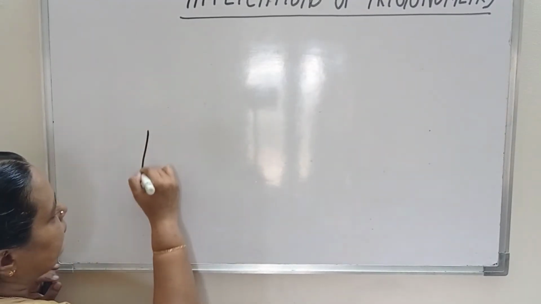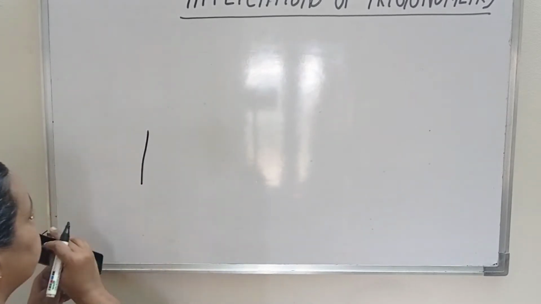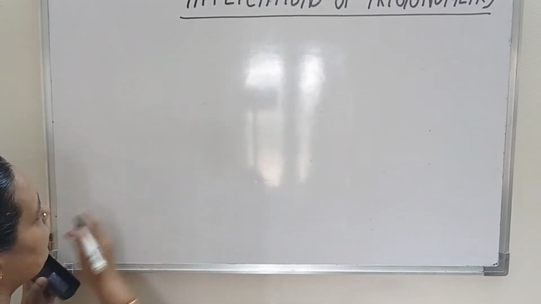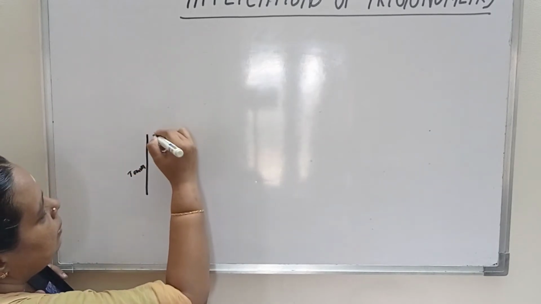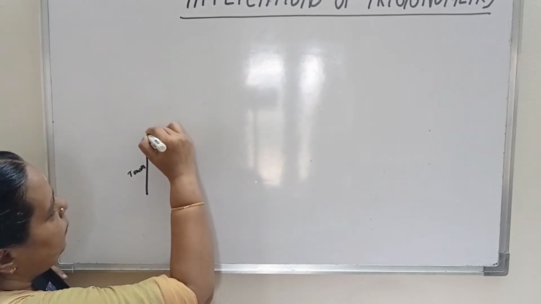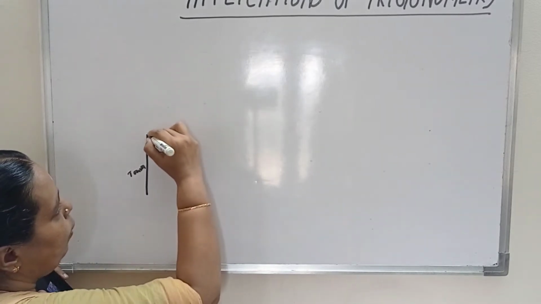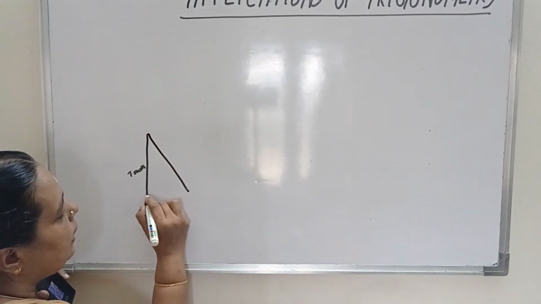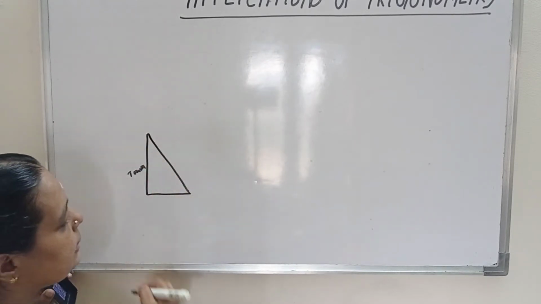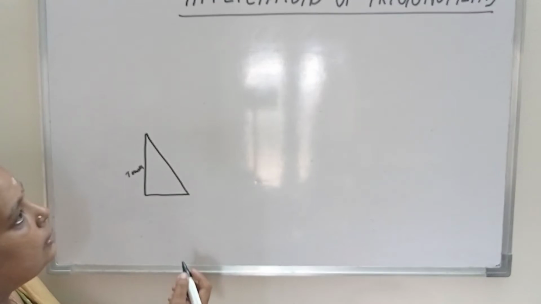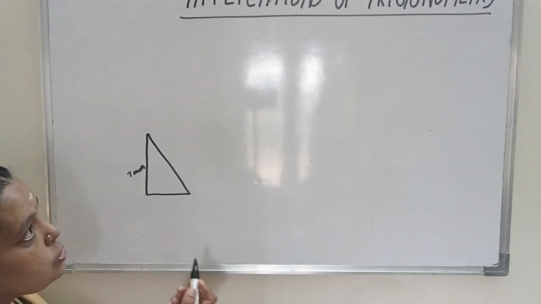So we have a tower here, and a person is watching the top of the tower from the point on the ground. And this is the horizontal. In this case, we will be using trigonometric ratios to find the distance.